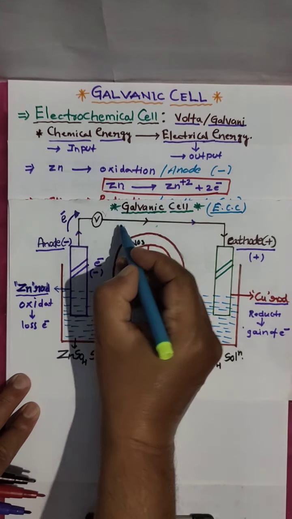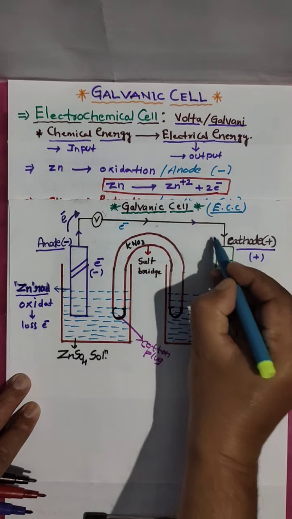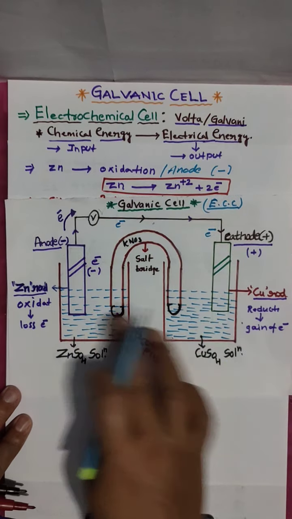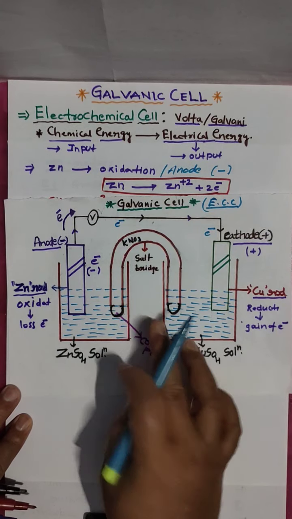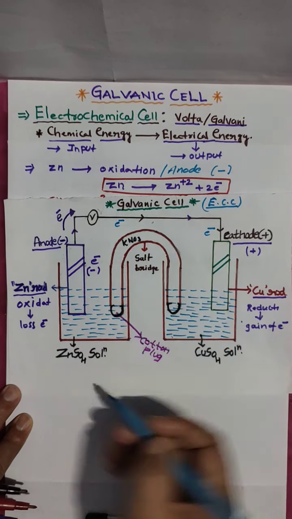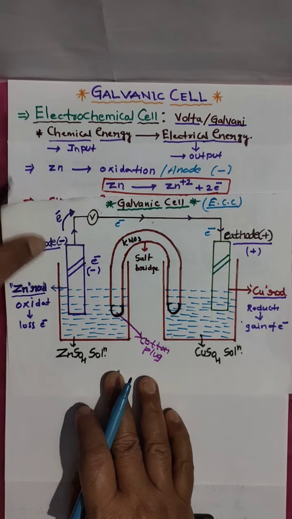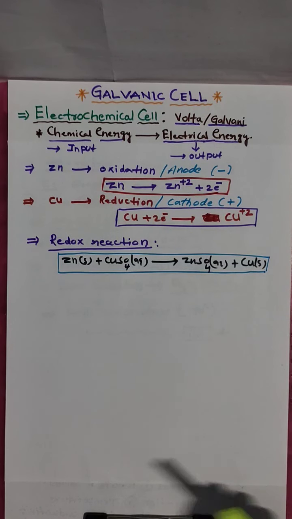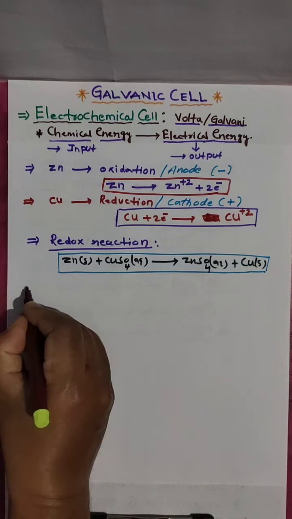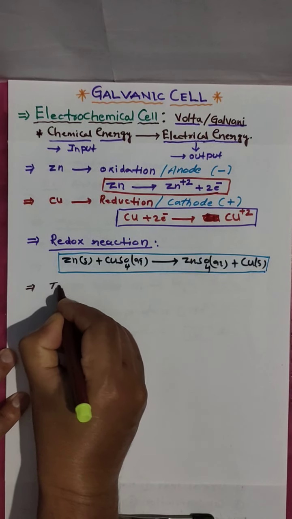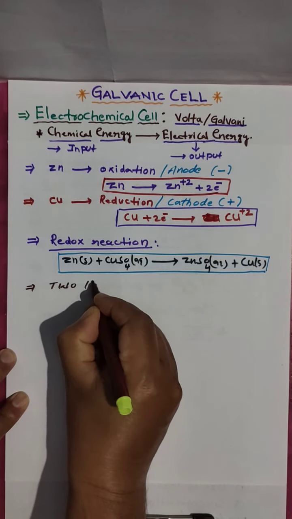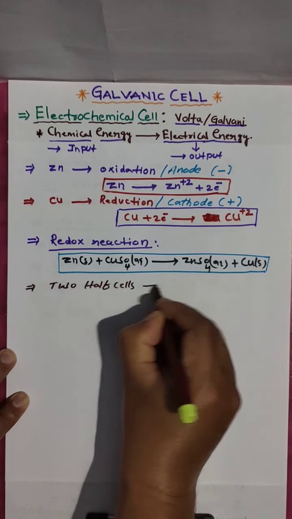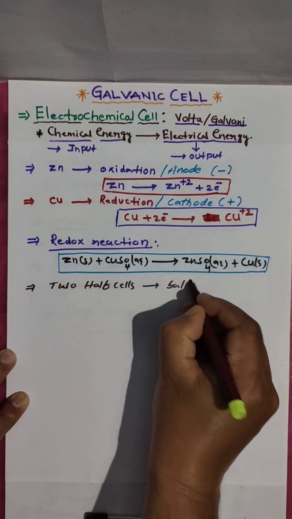See, electrons are moving from zinc to copper, this side to this side, and these two half cells are connected with a salt bridge. Clear? So in a galvanic cell, two half cells are connected with a salt bridge.